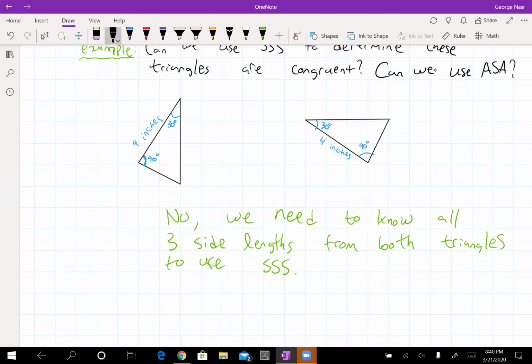So the answer is yes. We can use angle, side, angle because we have an angle, a side, and another angle. And in the same way, we have the same 30-degree angle, the same 4 inches side, and the same 90-degree angle. So it's really important that the side is in between the angles.